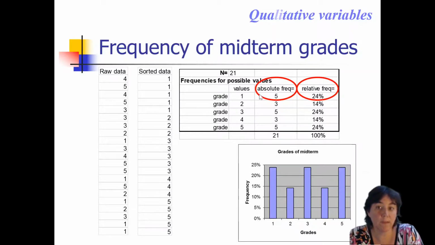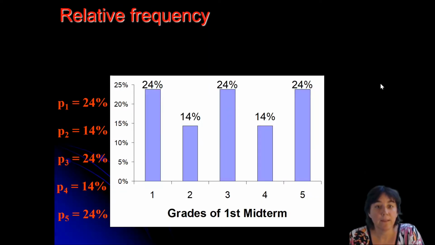Similarly, you can do this for all the rest of the grades and draw a nice histogram of the frequency distributions, where frequency is on the y-axis and grades, values of your variables, are on the x-axis. Now, this is relative frequency, relatively easy.